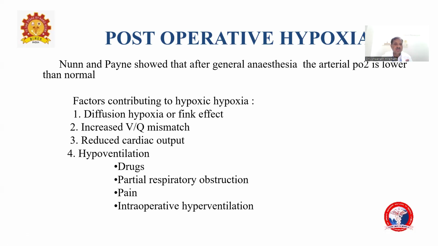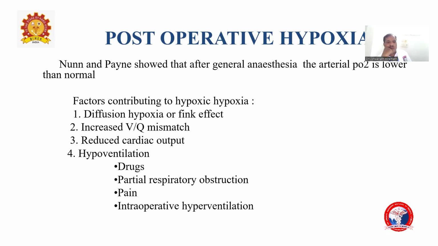Postoperative hypoxia: Nunn and Pierce showed that after general anesthesia, arterial PO2 is lower than normal. Factors contributing to hypoxic hypoxia include diffusion hypoxia, or the Fink effect, because of the diffusion of nitrous oxide.